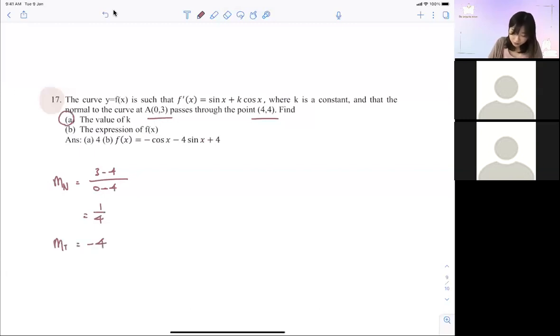So that means f, okay, this is normal at this point. So when x is 0, dy dx is -4 because gradient of tangent is also known as dy dx. So you sub in x equals to 0.